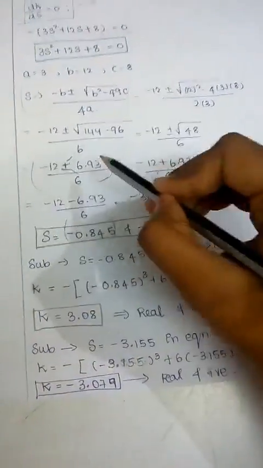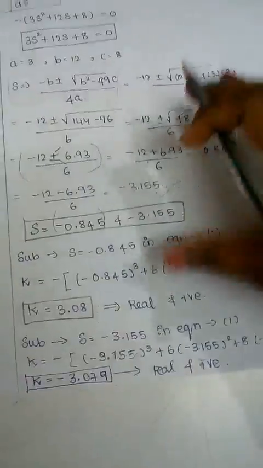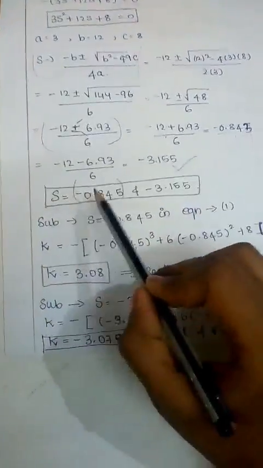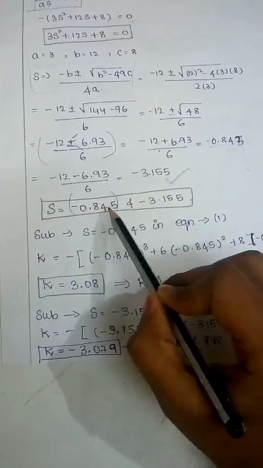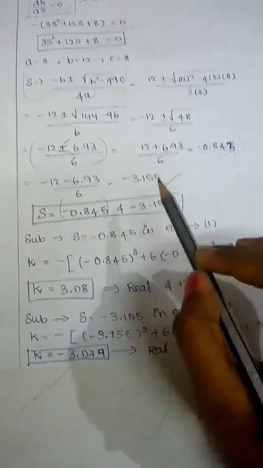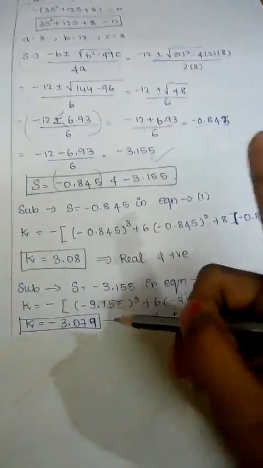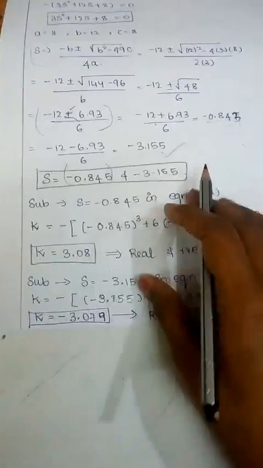In that way, we have to find the plus value and minus value separately. We get s equal to minus 0.845 and minus 3.155.